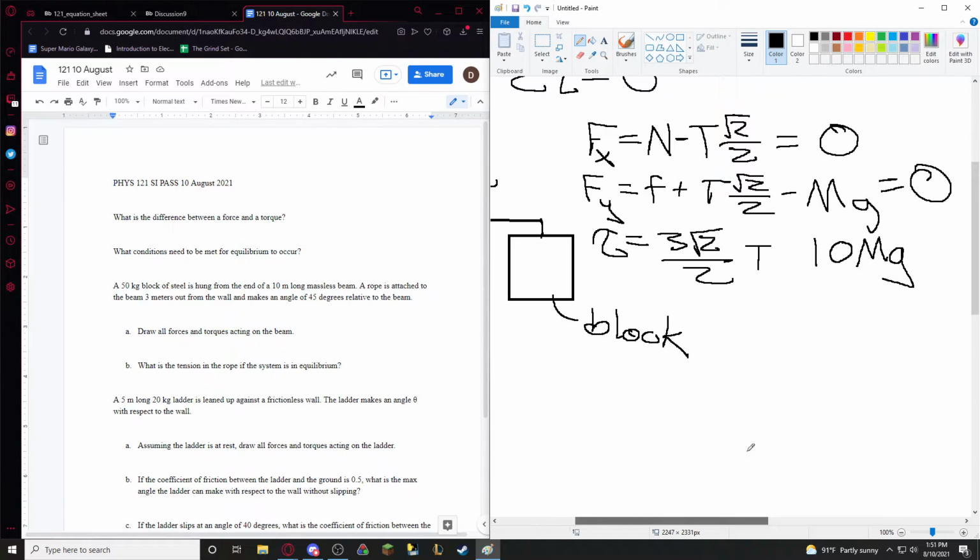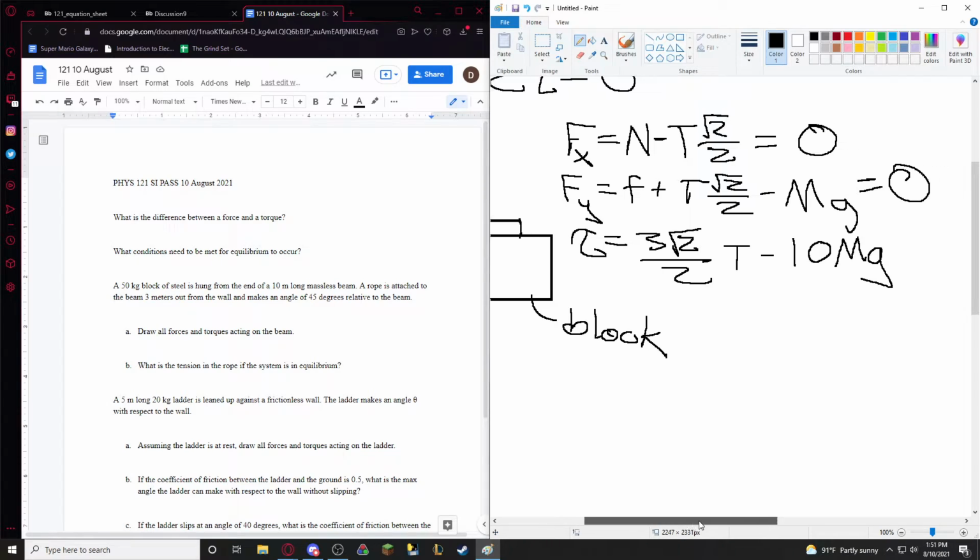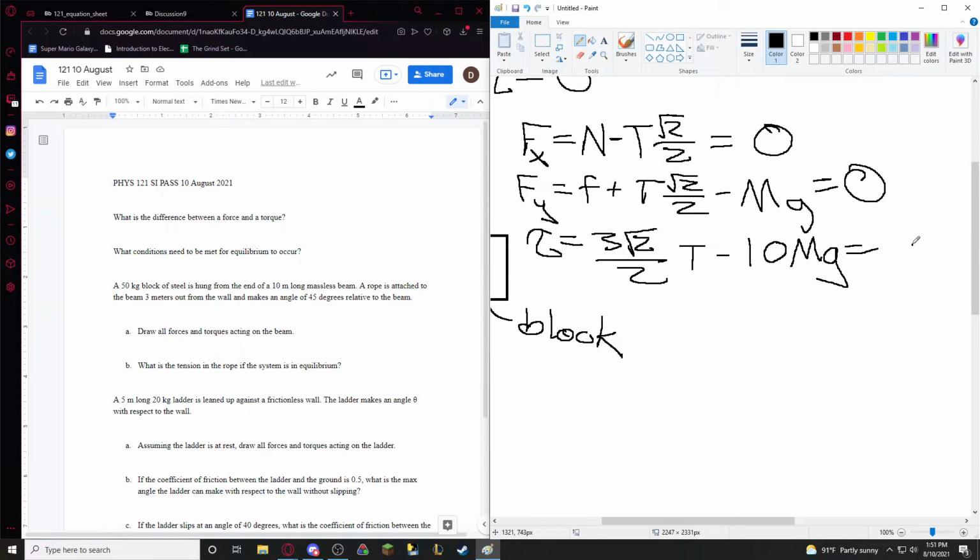That would be negative. Yep, negative because it's clockwise. And we know that has to equal 0. Let me rewrite it. Instead of the numbers, I'm going to use D and L, where D is just 3 meters and L is the total length.